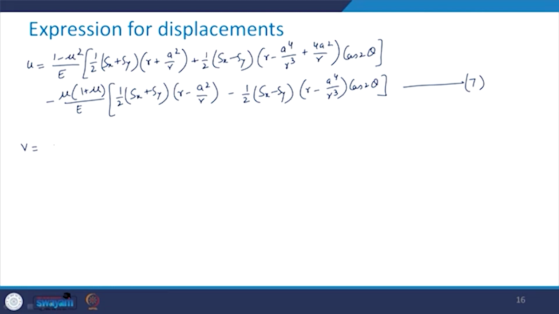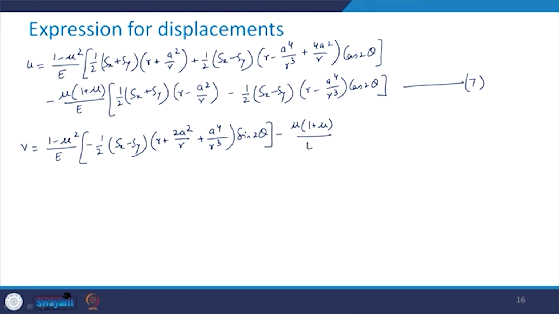This is v is equal to (1 minus mu square) upon E into minus half (Sx minus Sy) (r plus 2a square upon r plus a to the power 4 upon r cube) into sine of 2 theta minus mu (1 plus mu) upon E half (Sx minus Sy) (r minus 2a square upon r plus a to the power 4 upon r cube) into sine of 2 theta. This will be your equation number 8.